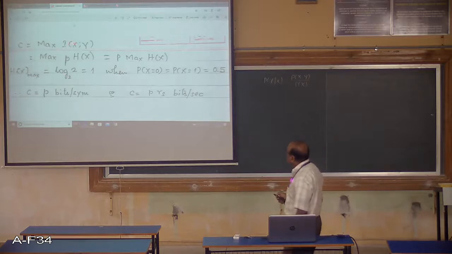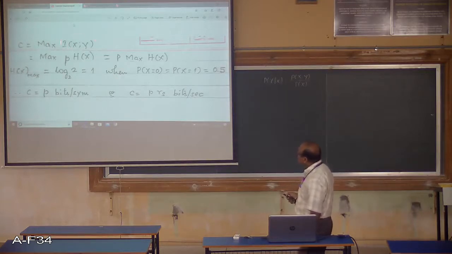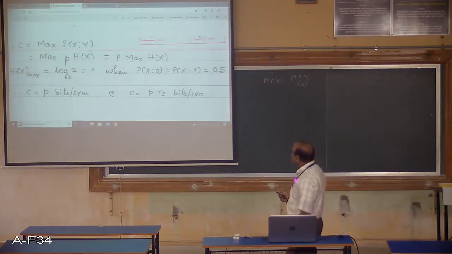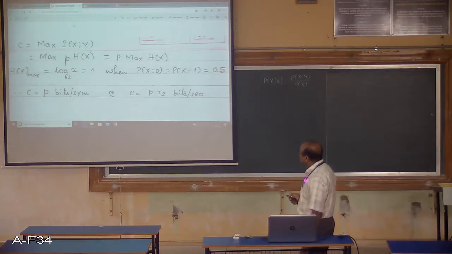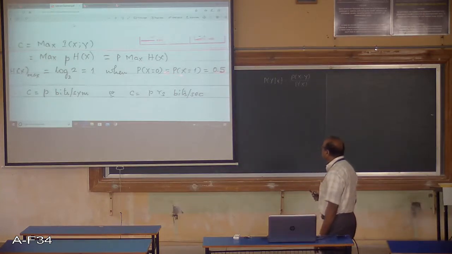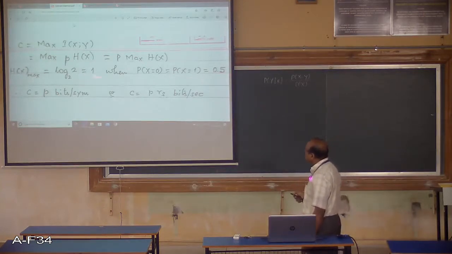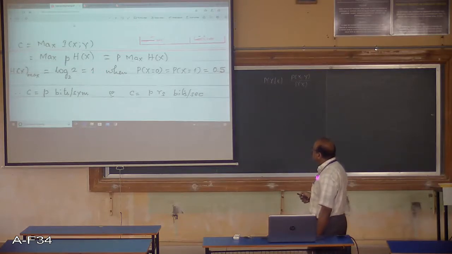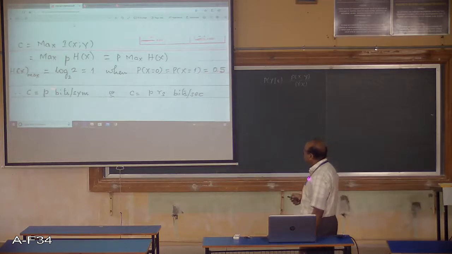When this H of x becomes maximum, the capacity is maximum. That is the channel capacity. And when can this H of x be maximum? When the input symbols are equiprobable, and then it is equal to 1. So channel capacity is simply equal to P when the symbol probabilities are equal.